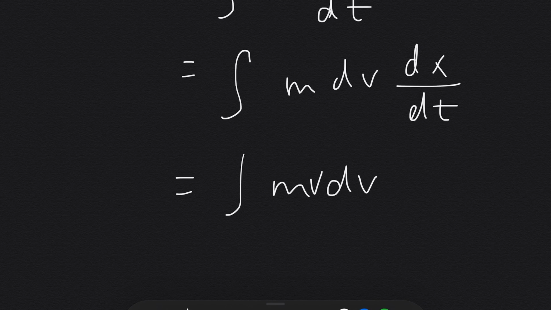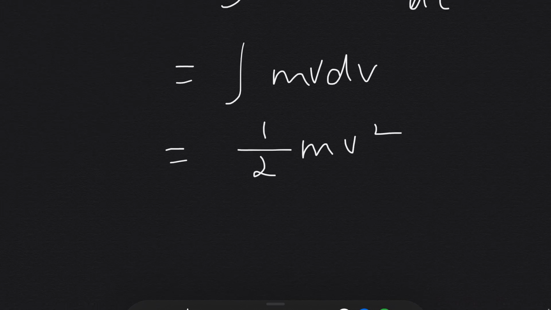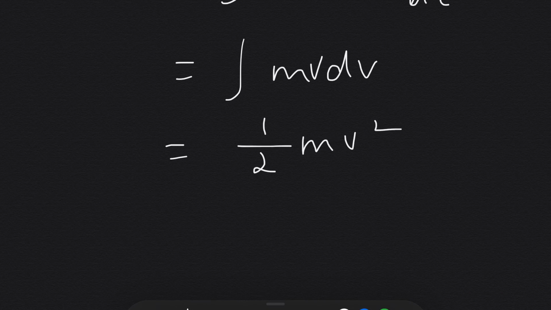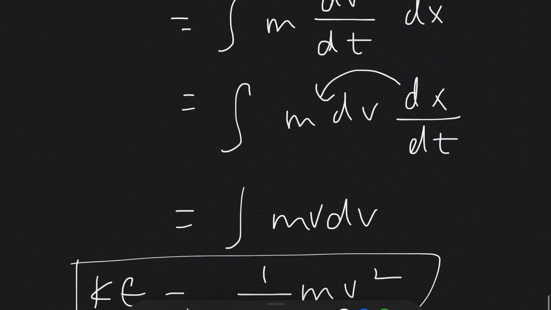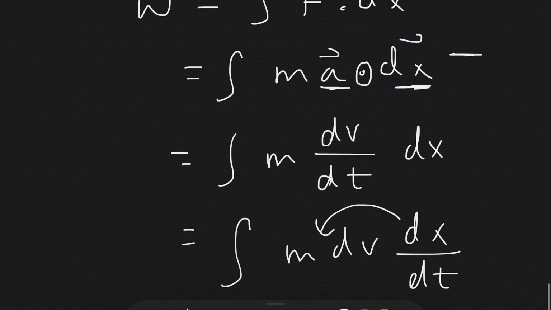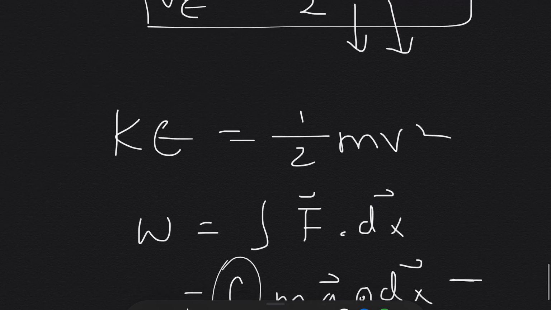So it's mv, I just moved this here and then said it's v, so it's mv dv. And now if you know a thing or two about calculus, that is 1/2 mv squared, which kind of looks similar to the elastic potential energy 1/2 kx squared. They do follow similar rules. So this is the kinetic energy, all right? And if you don't know what this means or how to think about integration, the way I think about integration is as area under the graph.